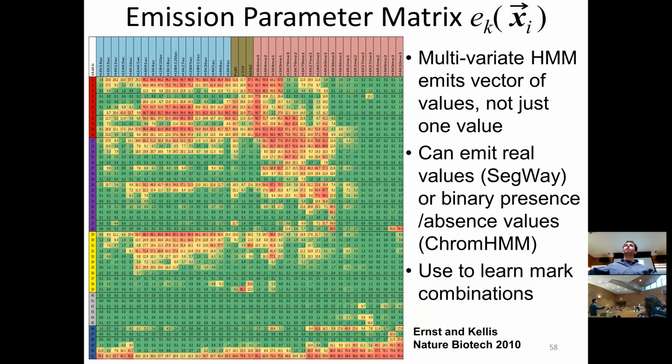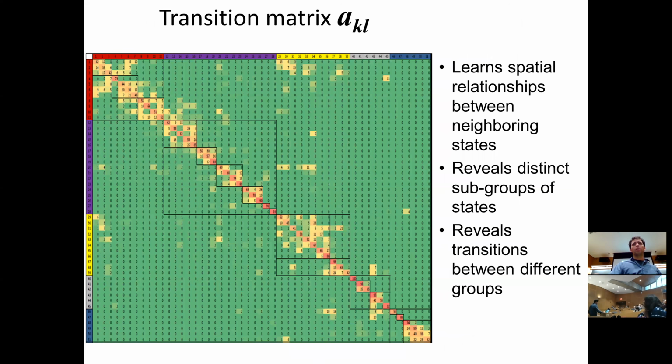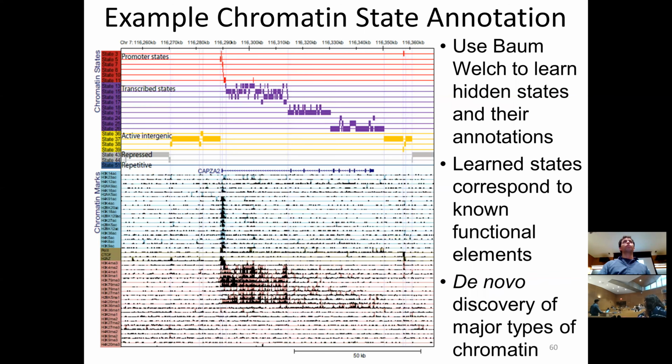It partitions the genome into segments that have more uniformity than what you would expect by chance. And then it also learns the spatial relationships between neighboring states, therefore revealing distinct subgroups of states based on the transitions between them. So what we're capturing is, on one hand, the combinations of marks on the genome, and on the other hand, the spatial relationship of these biological functions of the genome.